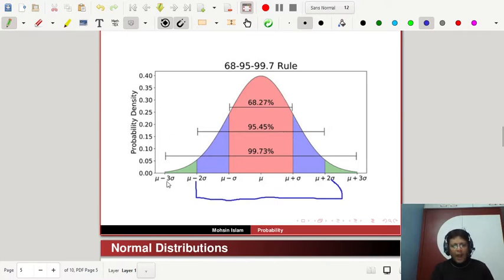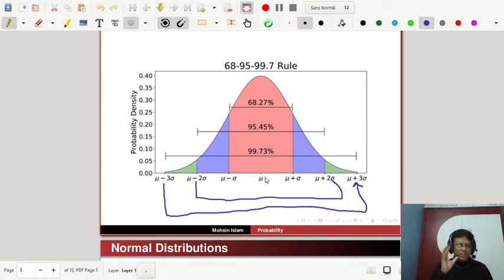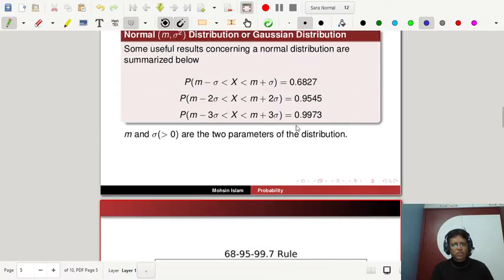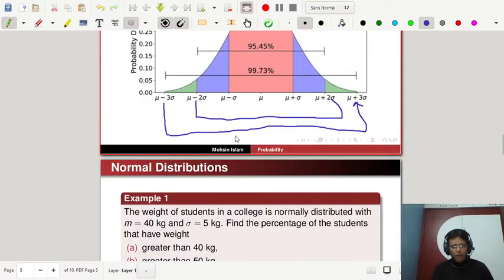And if you take mu minus 3 sigma to mu plus 3 sigma, then the region is almost 99.73%. So that was the actual region calculation. For calculation purposes we can use this. This is the probability, or you can say the area of that region under the curve.